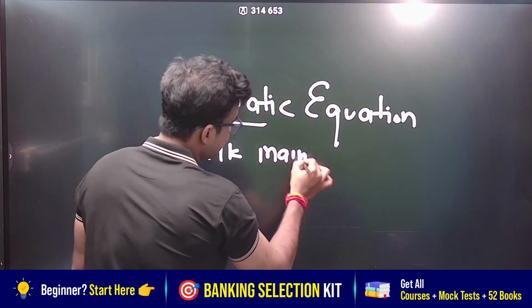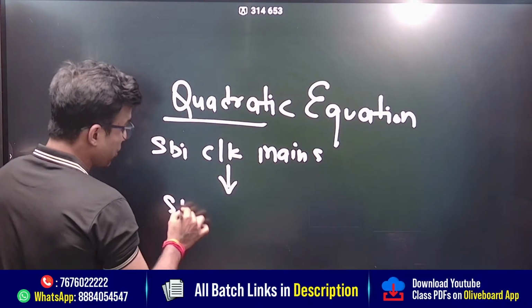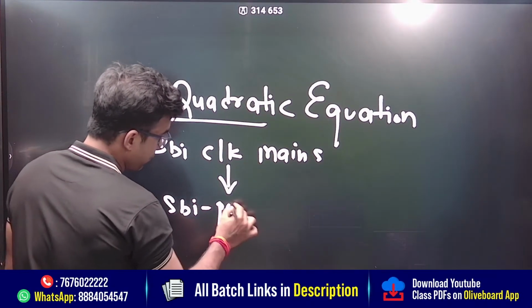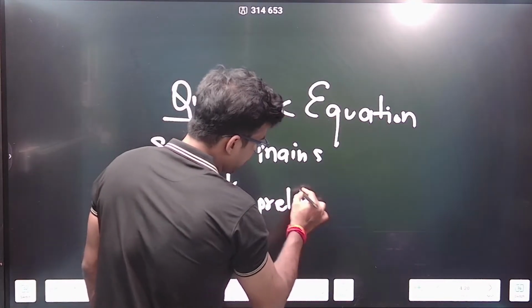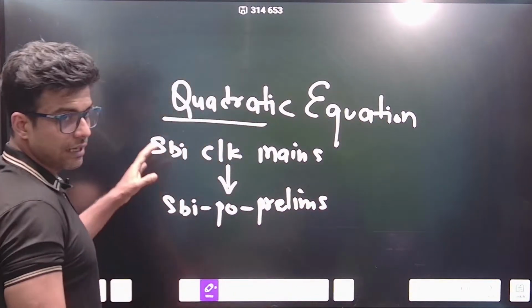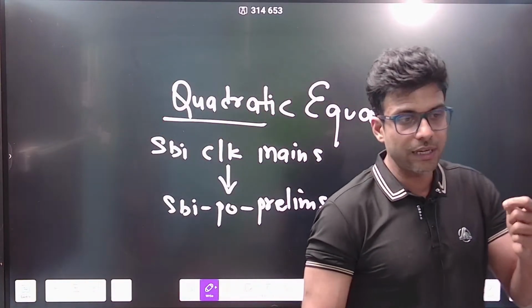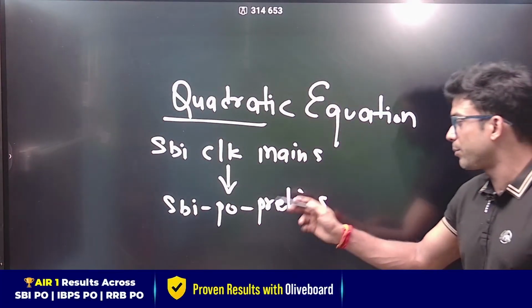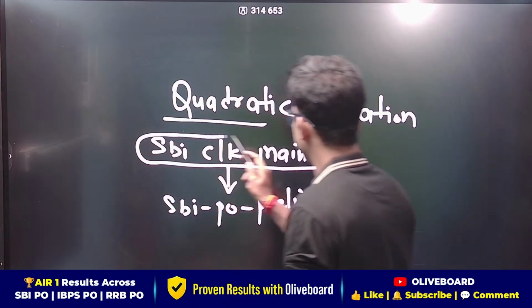Why? Because SBI Clerk Mains questions can be used for SBI PO Prelims. I thought this should be a nice idea. If a student can solve SBI Clerk Mains questions, then automatically he can solve SBI PO Prelims. So today's agenda is asking questions from SBI Clerk Mains.